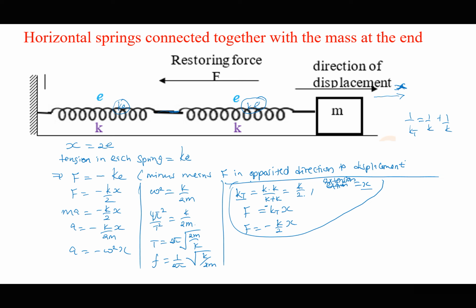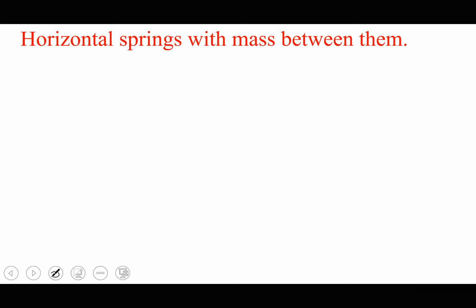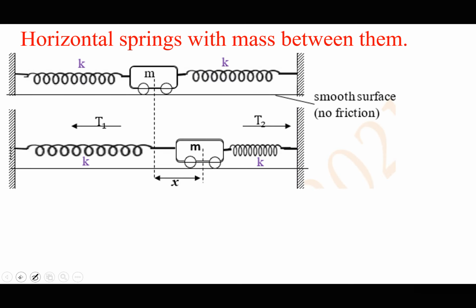Okay, now I think we should fix the mass between the two springs. So we have horizontal springs, this time with the mass between them, as shown here. In the first scenario, the mass is trapped between the two springs, whose spring constant is K. But of course, it is nearly impossible to trap a mass between two fixed ends without causing an extension on any of these springs.